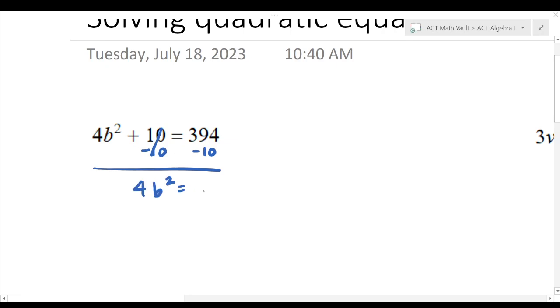Okay. So we have 384 right here. Now, b squared we still don't have isolated, so we need to divide by 4 on both sides. Hey, there's b squared. And you can do 384 divided by 4, which is 96.